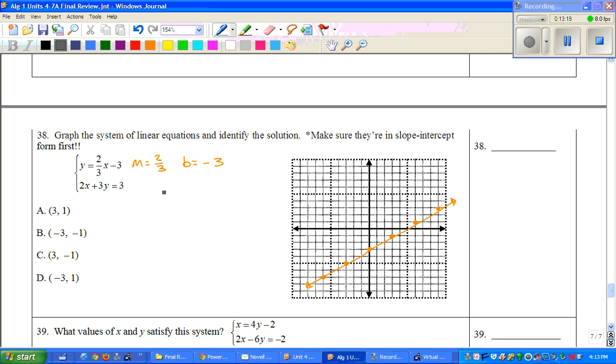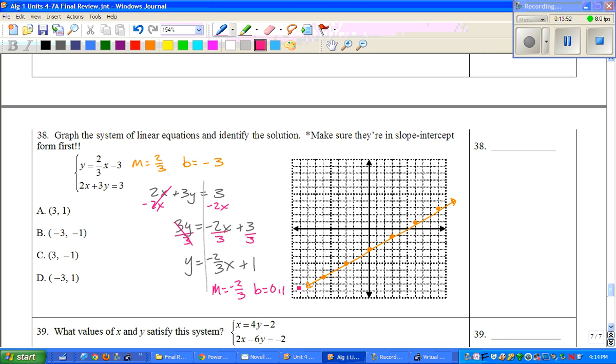And draw your line. Now for this other one, we have to put it in slope-intercept form. So we have to solve for y. Subtract the 2x. 3y equals negative 2x plus 3. Divide by 3. Y equals negative 2/3 x plus 1, which means our slope is negative 2/3, and that's 1.